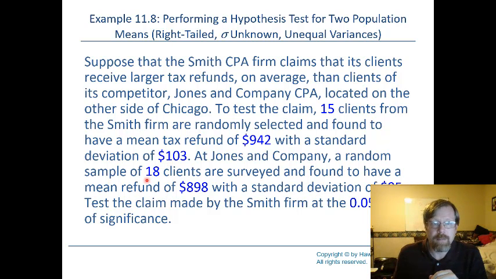Their competitor, they got a random sample of 18 clients and found a mean refund of 898 with a sample standard deviation of 95, and they want to test this at the 0.05 level of significance.